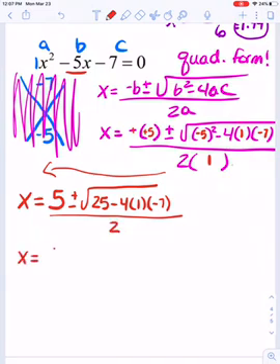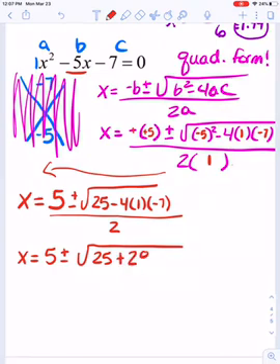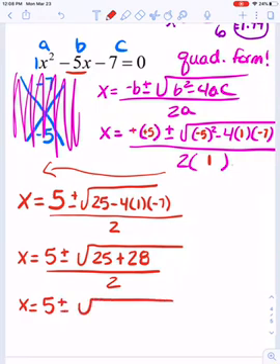So I get x equals 5 plus or minus the square root of 25, -4 times 1 is -4, times -7 is +28, all over 2. Keep going inside my radical, so I get 5 plus or minus the square root of 25 plus 28, which is 53, all divided by 2.